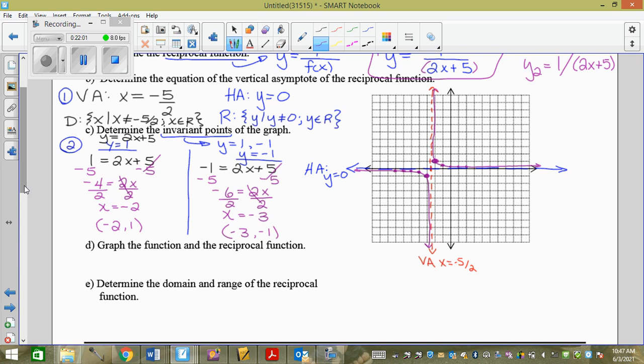That's the only new stuff for today. Everything else is repeat from yesterday. Okay? So my domain, just going to rewrite it down here: x such that x cannot equal negative 5 halves. And my range: y such that y cannot equal 0.